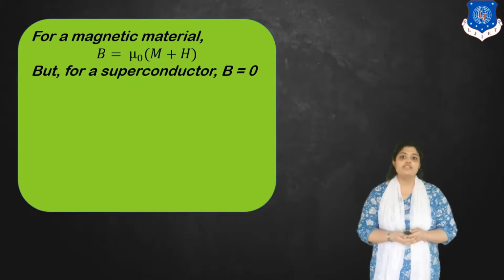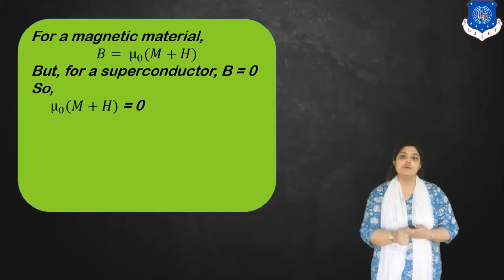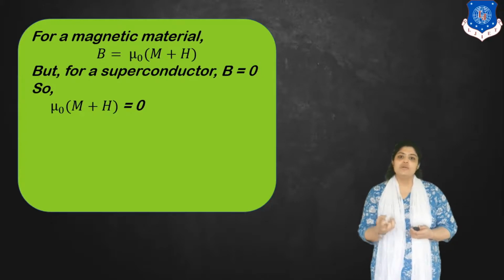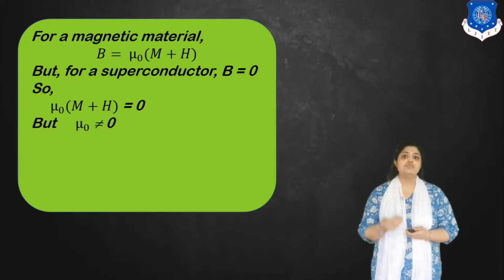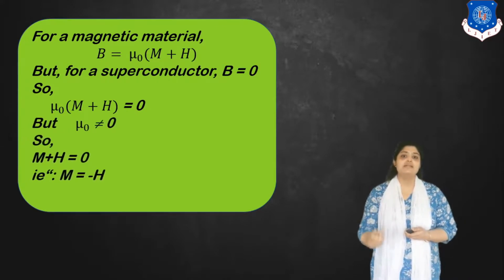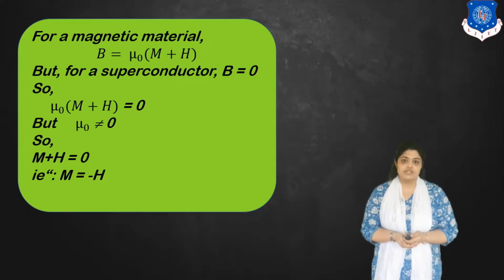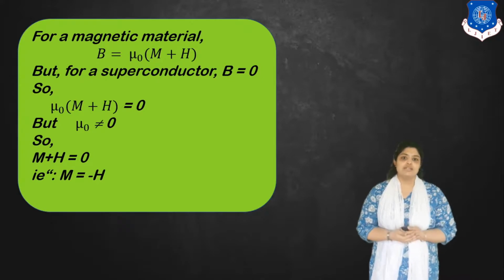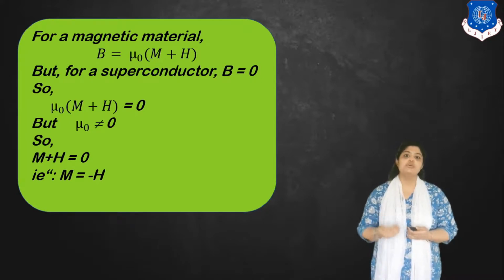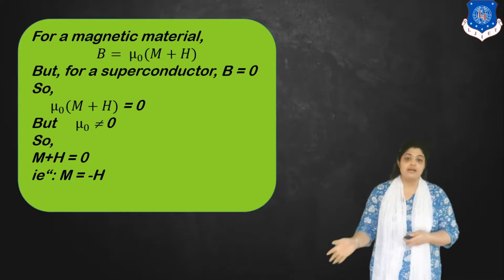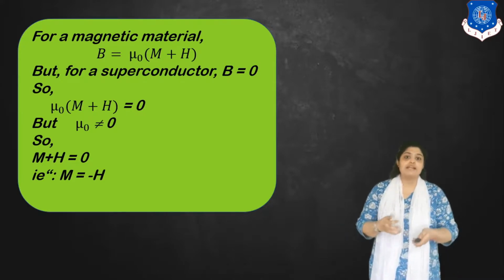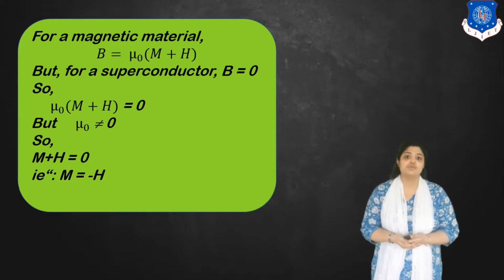So our above equation becomes mu 0 times M plus H is equal to 0. We know that mu 0 is the absolute permeability, which has a certain fixed value, so that value can never be 0. That leads to the equation M plus H is equal to 0, or we can say M is equal to minus H. What is M by H? Magnetization with respect to applied field is defined as the susceptibility of a material, how easily a magnetic material allows magnetism through it.